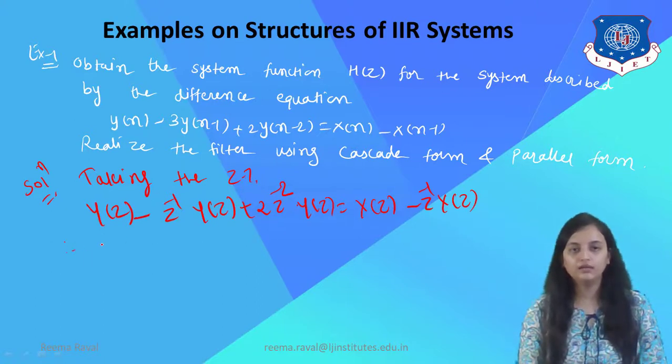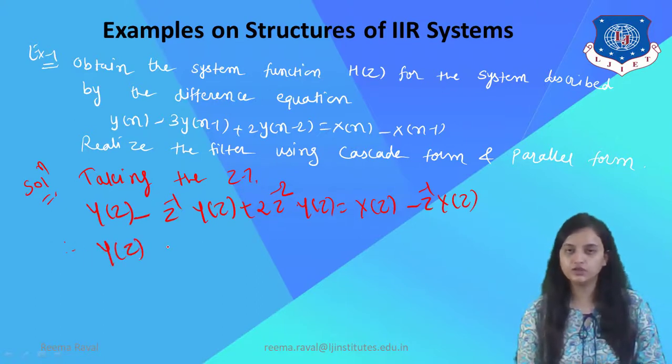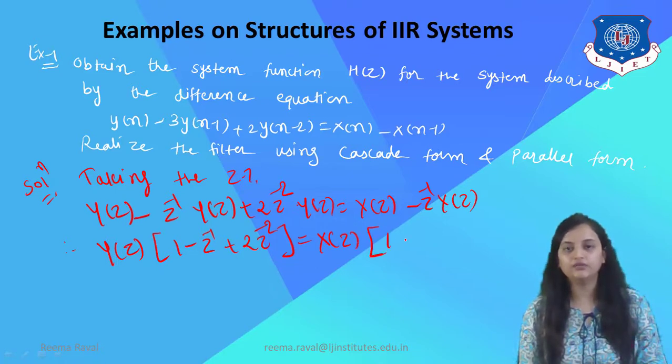Now, to get the system transfer function H(z), we need to have Y(z) as common, which will give 1 minus z inverse plus 2z raised to minus 2, that is equals to X(z) into the bracket 1 minus z inverse.